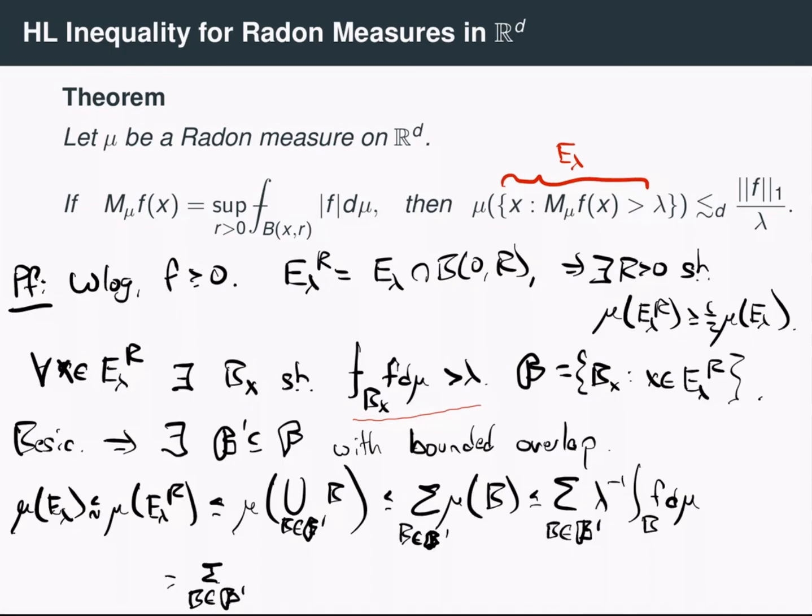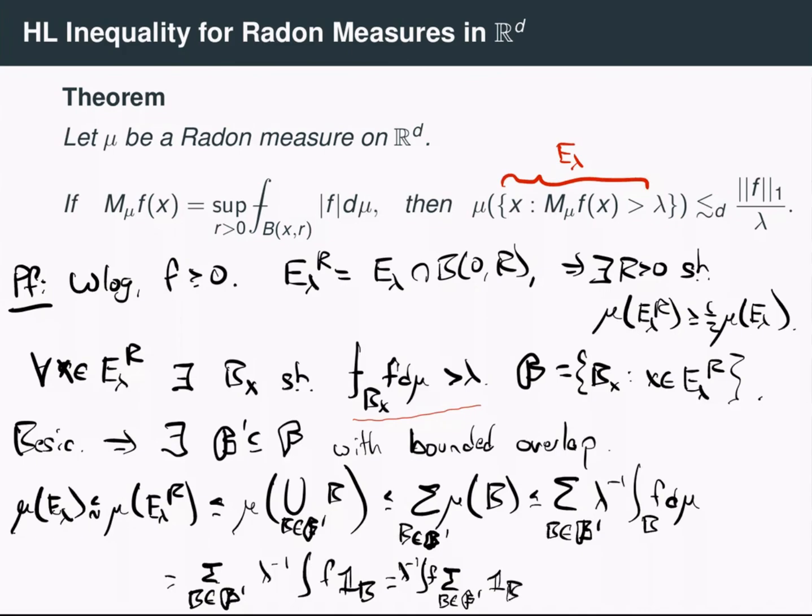Okay, rewriting this slightly differently, this is the same thing as the sum over B in curly B prime of lambda inverse times the integral of f times the characteristic function of this ball. Okay, now by Fubini, or Tonelli rather, interchanging the sum and the integral, this is equal to the integral, I'll pull the lambda minus 1 outside as well, of the sum over B in curly B prime of, I'll put the f out here, times the characteristic function of these balls.